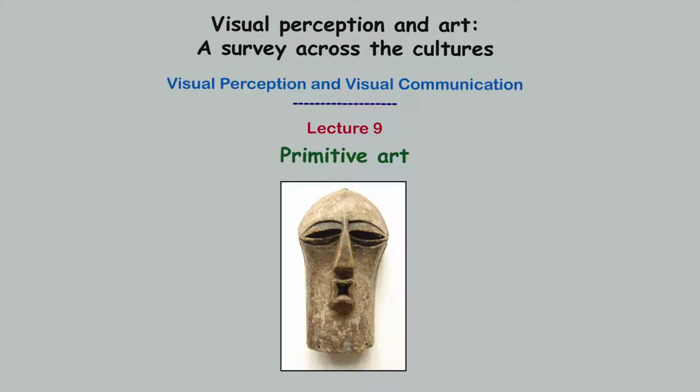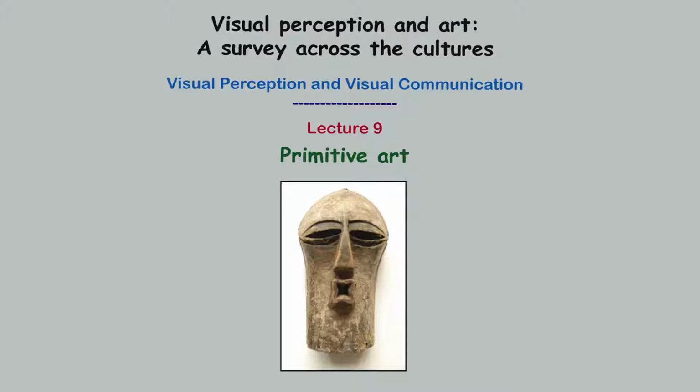This is lecture number 9 and today we will be looking at primitive art as a case study for visual perception. Now by primitive art we generally mean the artworks which consist mostly of masks and heads and faces of human beings and other birds and animals, or a composite of different elements, and also certain kinds of ritualistic figures and sculptural objects.